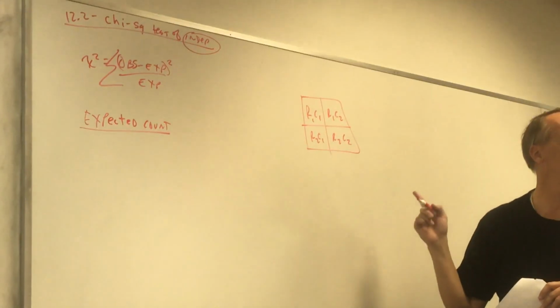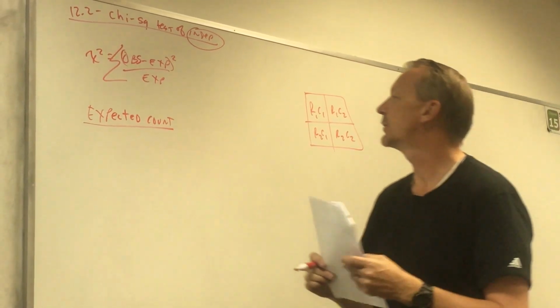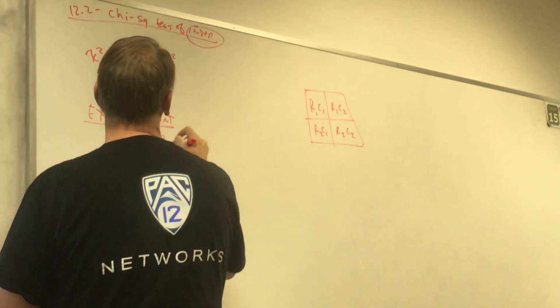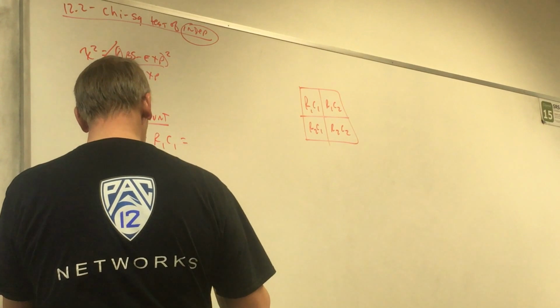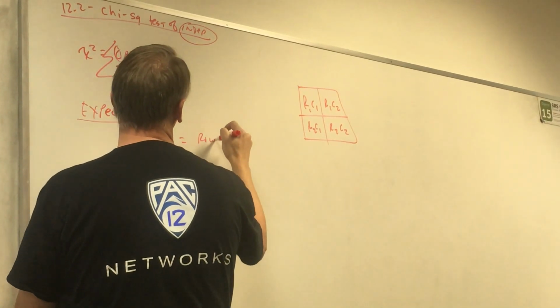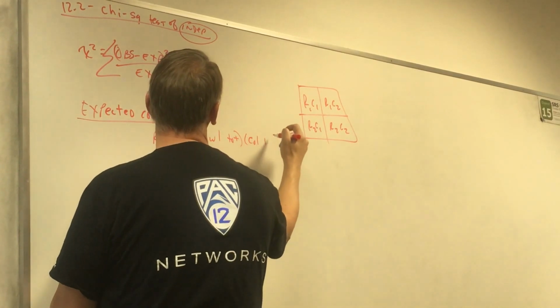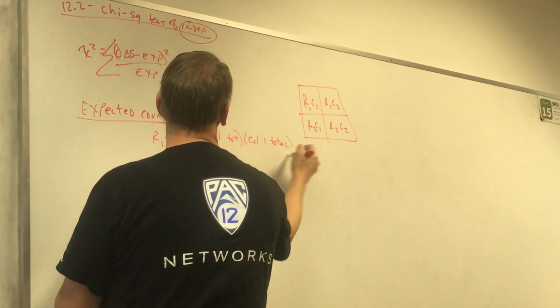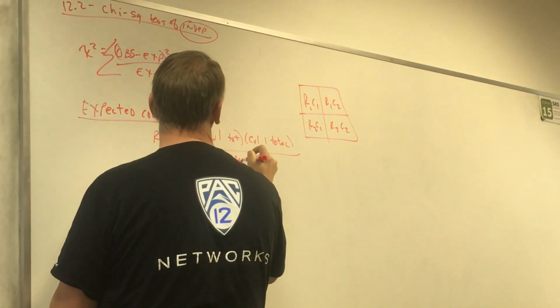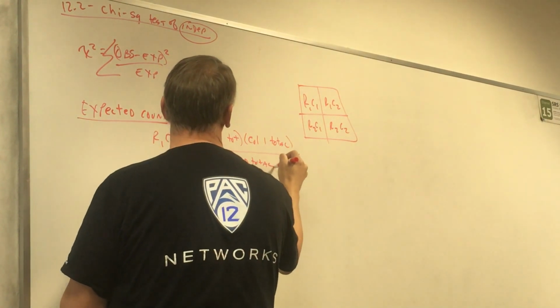So you can see that's kind of how it's set up. Your expected count for row 1, column 1 equals your row 1 total times the column 1 total divided by your grand total.